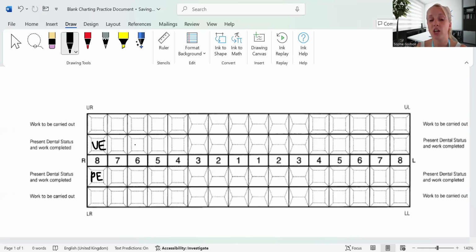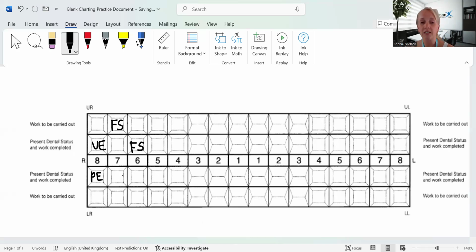Okay, if you need to chart a fissure sealant, you're just going to write F, S. If the patient needed to come back for a fissure sealant, you would do it on the treatment line. So say if they said that the upper right second molar needs a fissure sealant, you're just going to chart this on the treatment line. Okay.